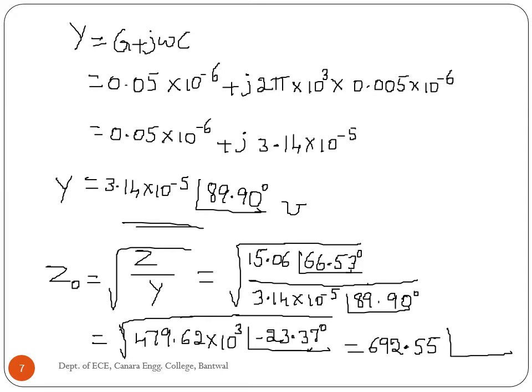Root of angle minus 23.37 degree is minus 11.68 degree, which is equal to Z0.